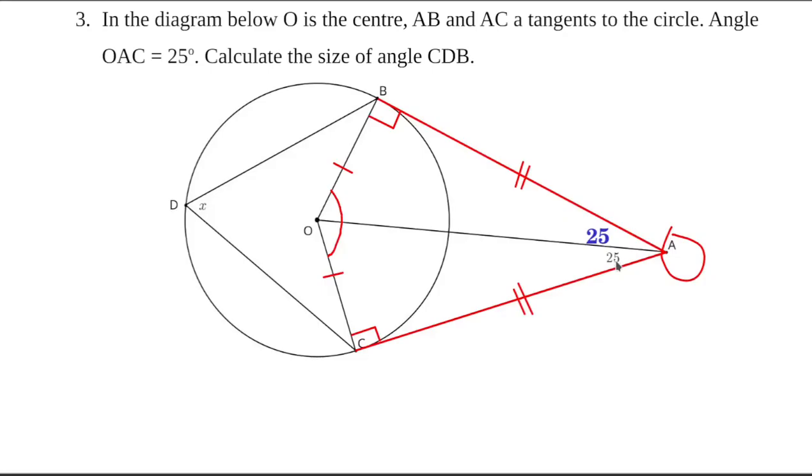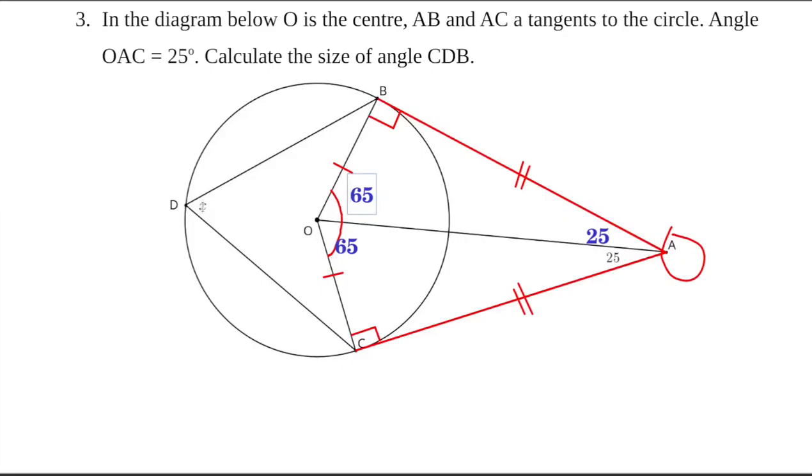And that's going to give me 65. So this is 65. Now, since this triangle is congruent to that, this one is also 65. Now, this is the angle at the center, twice this angle. 2 times this one will give me 65 plus that. So this angle is 65.